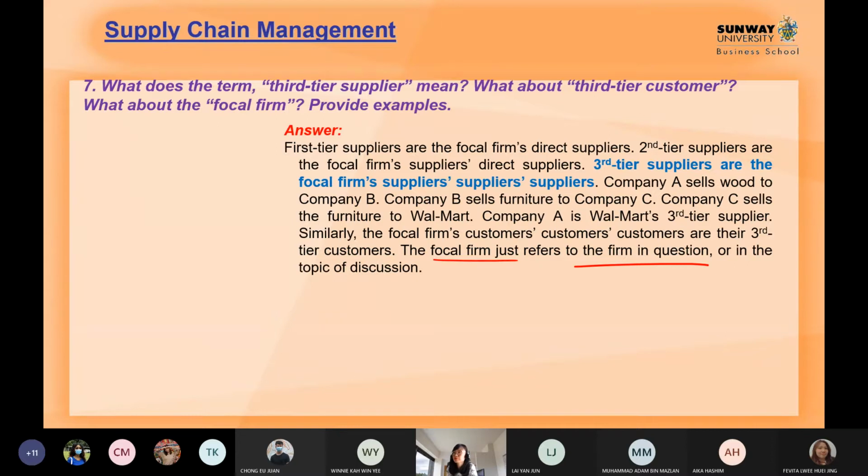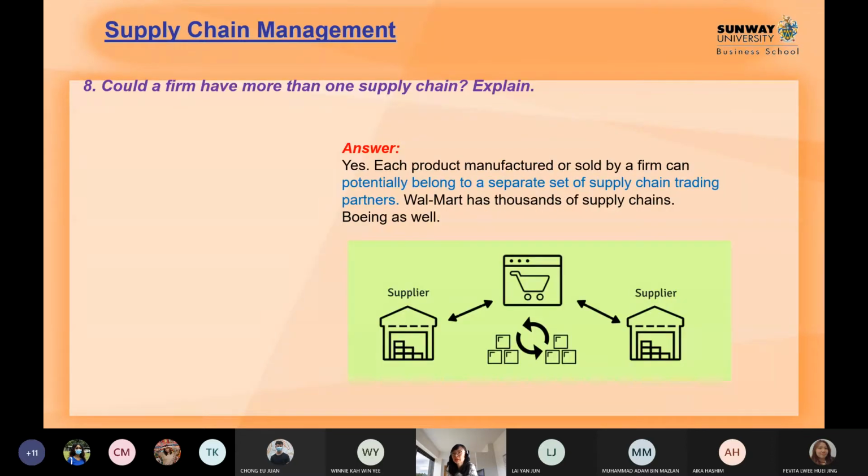Could a firm have more than one supplier? Definitely. Because to avoid any potential supply chain issue: damage, closing shop, bankruptcy, delay, resources unavailable, machine breakdown, employee issues.